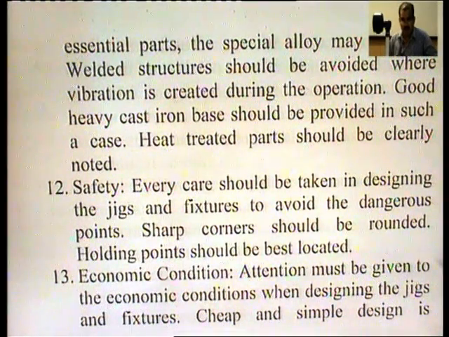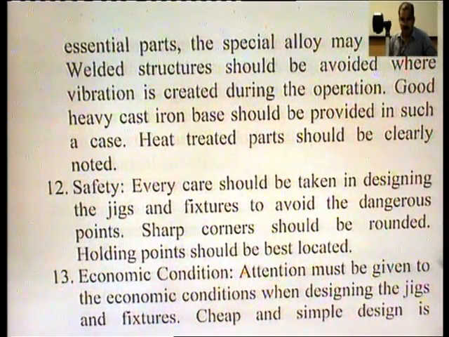That is why we are to avoid dangerous points. These dangerous points are sharp corners and sharp edges. So, these must be avoided. These must be rounded off.